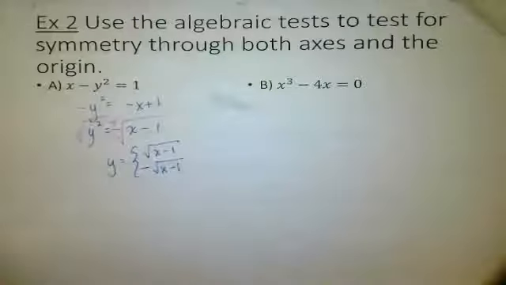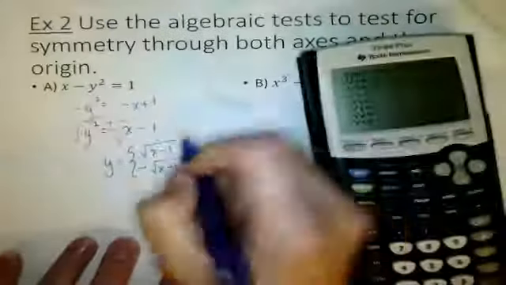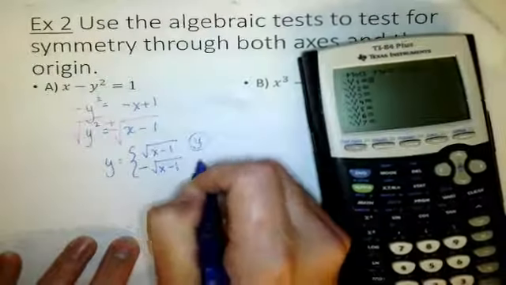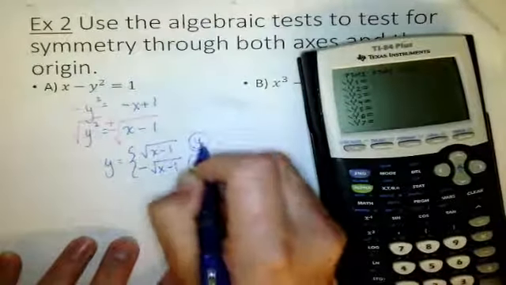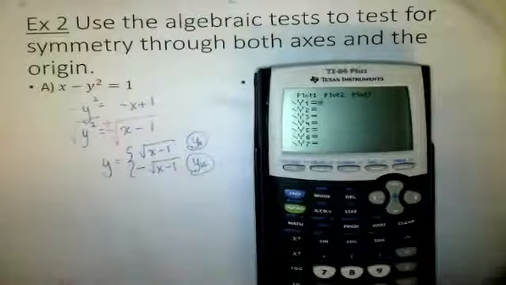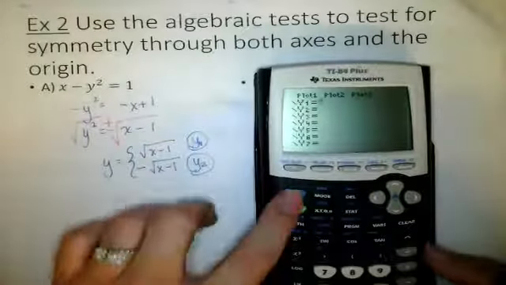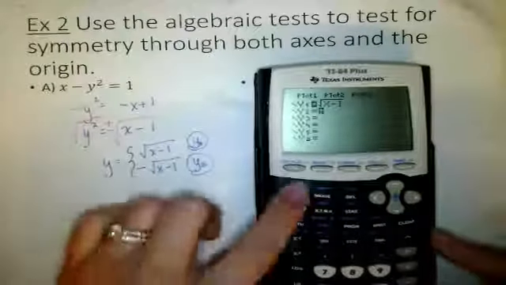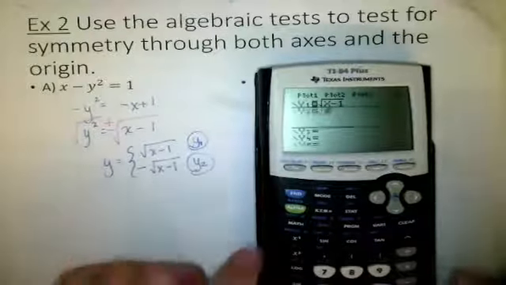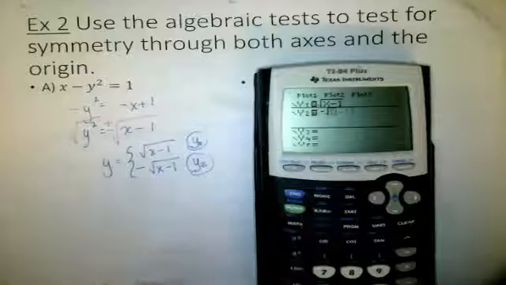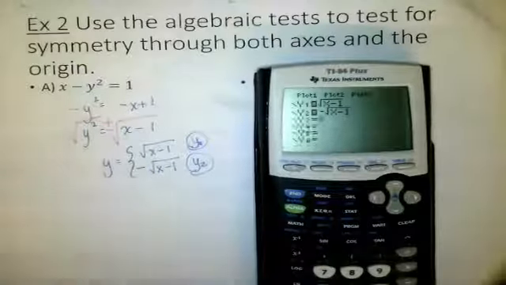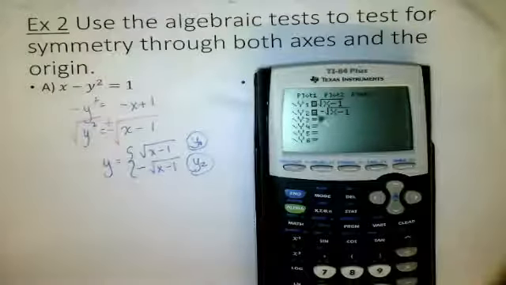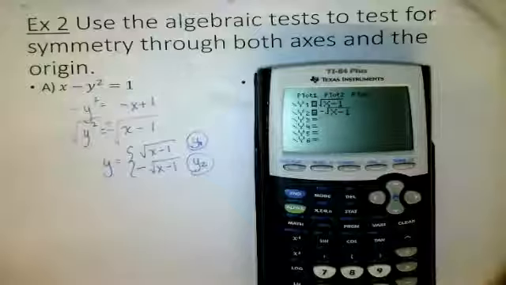In y1 and y2, you need to put in both of these equations. In y1, we have radical x minus 1, and in y2, we have negative square root of x minus 1. So whatever calculator you've got, go ahead and graph those.